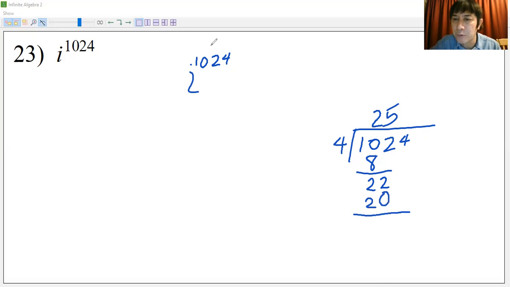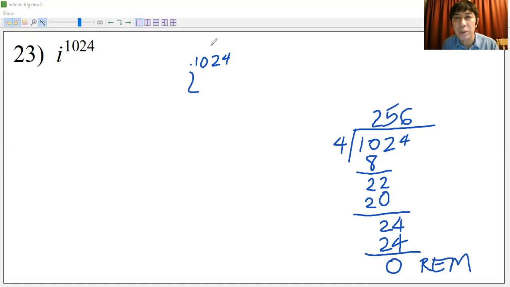And the difference of 2 now, 22 minus 20 is 2. Bring down the 4. And then 24 by 4 is 6. 6 times 4 is 24. We have a remainder of 0. 0 remainder. That means i to the 1024 is positive 1.